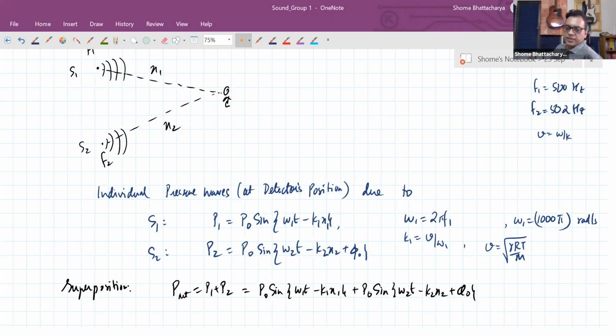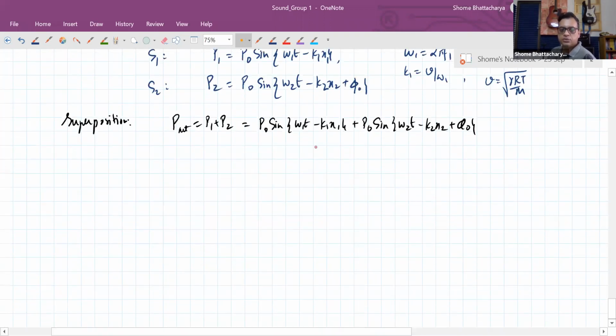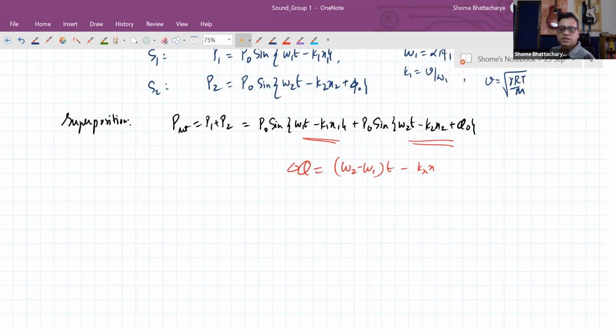Now if we try and analyze in terms of phenomena what is happening, you'll understand that these two things that we are adding have a phase difference which is time dependent. That is the most important thing. The phase difference is this term minus this term, so it is omega 2 minus omega 1 into t minus k2 x2 plus k1 x1, whatever we write it as.